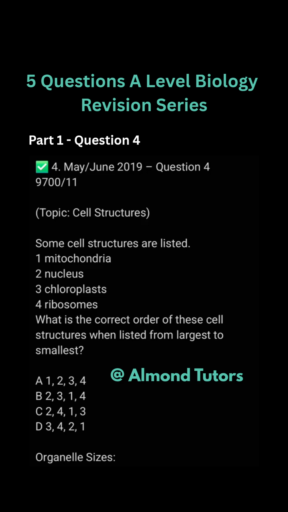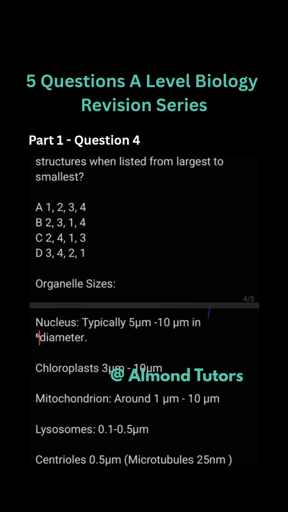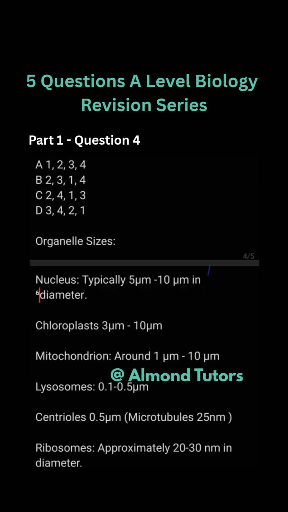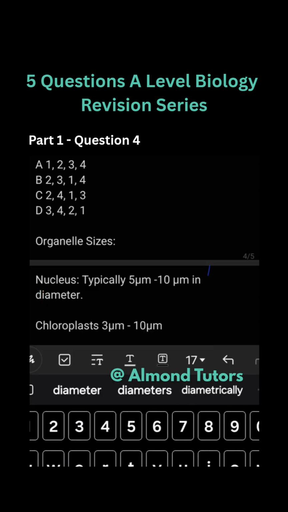So instead of jumping into this first, you have to remind yourself what sizes we're dealing with here. I've put a list of them here for us to have a look at before we start looking at the question. So, organelle sizes. Even before you look at these numbers, remind yourself that the nucleus is the largest organelle.